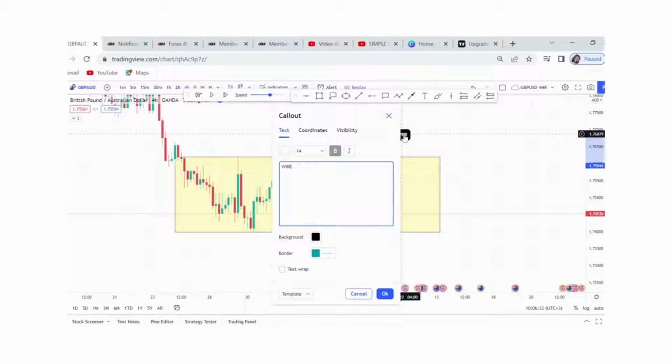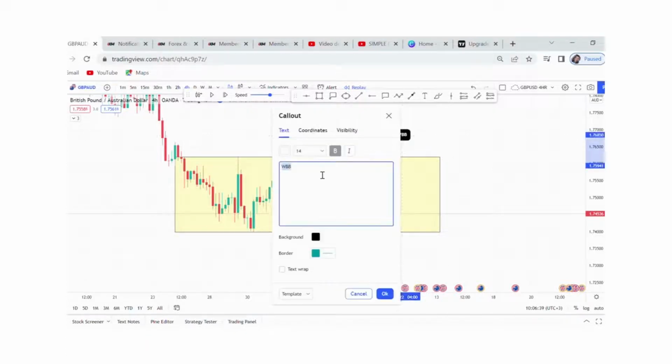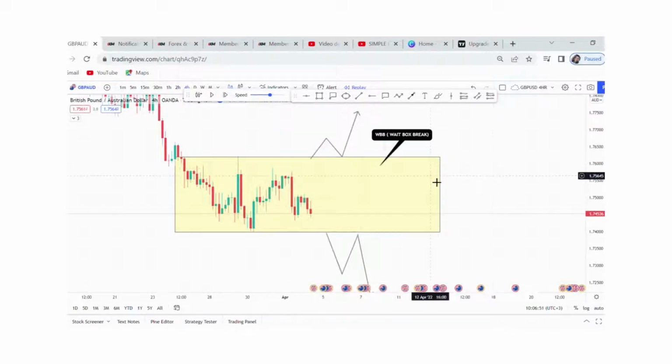So you just write WBB, and I've told you this means wait, box, break. When you tell your mind that you have to wait for the box to break either side, and you cannot enter, you just need to check after every 4 hours to see if your box has broken. That strategy, I call it WBB.